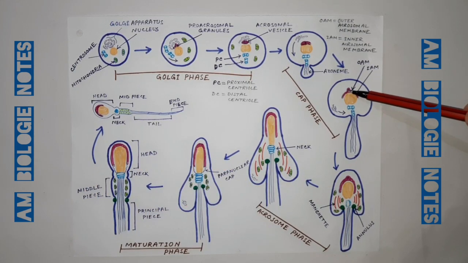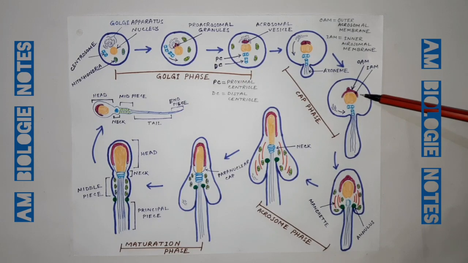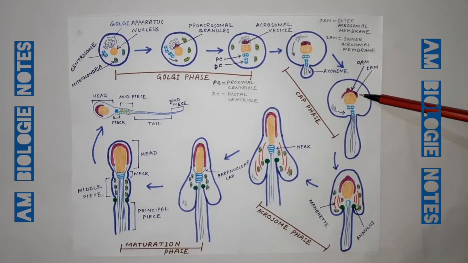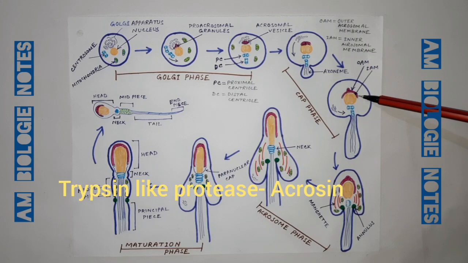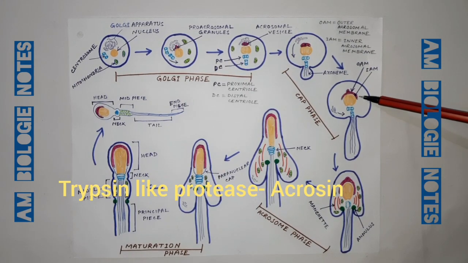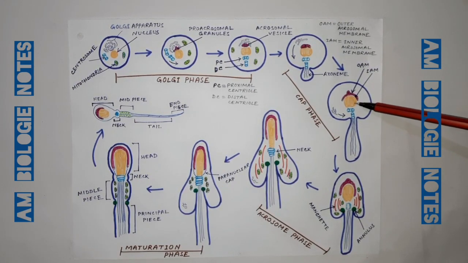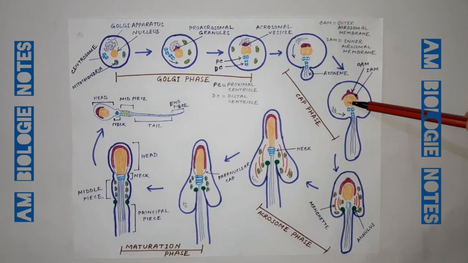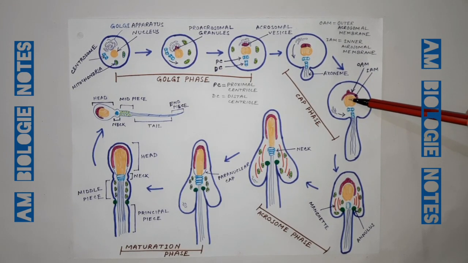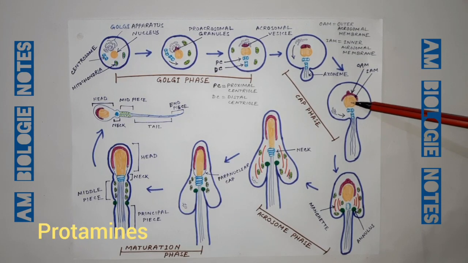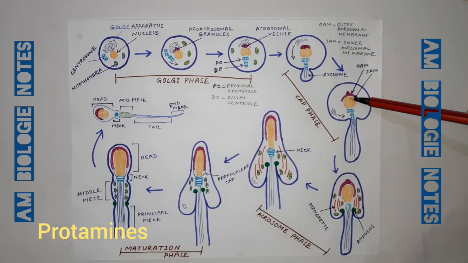The acrosome is a specialized type of lysosome containing hydrolytic enzymes, mainly hyaluronidase, and a trypsin-like protease called acrosin. The nuclear content also condenses. Such high condensation of nuclear DNA is achieved by the presence of small, highly basic proteins called protamines.